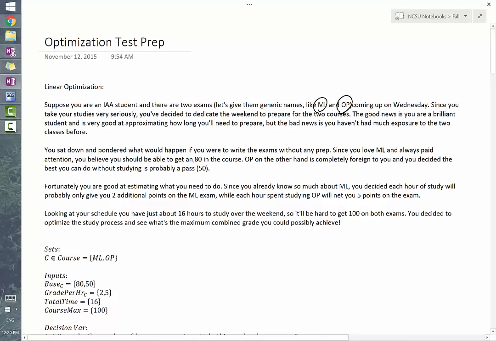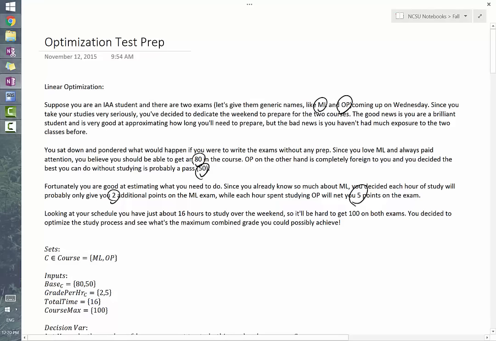And as we go through it, we pick up numbers that we should keep track of. For example, without studying, we will be able to get a base grade of 80 in ML and 50 in OP, as well as each hour of studying will net us 2 points in ML and 5 points in OP.